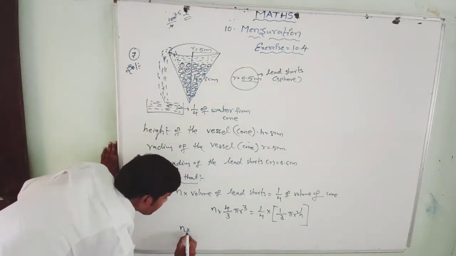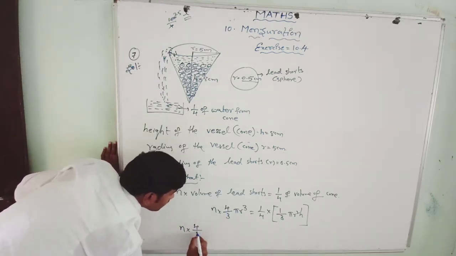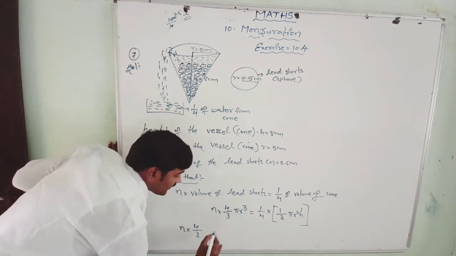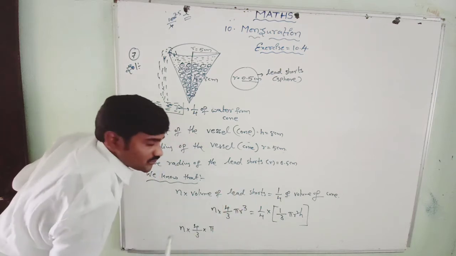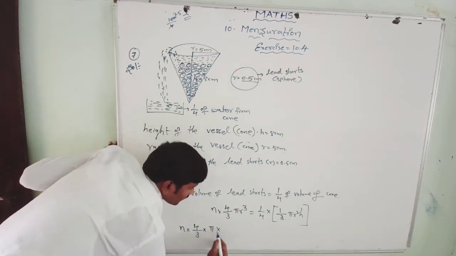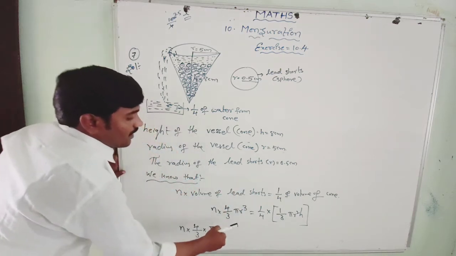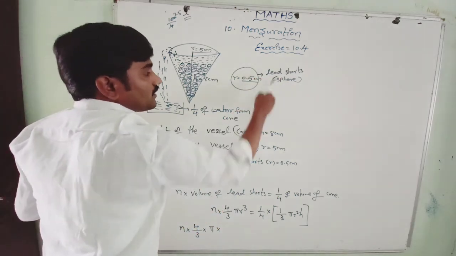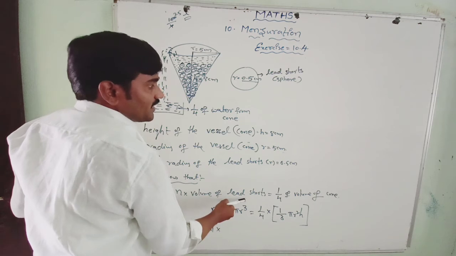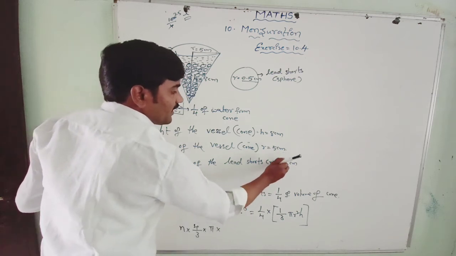n into 4/3. Okay, ఈ పై వాల్యూని అలాగే ఉంచుకుందాం, ఎందుకంటే ఇక్కడ ఒక పై అక్కడ ఒక పై ఉంది, క్యాన్సిల్ చేసేయచ్చు. ఓకే, ఇంటూ r cube. Here r is the radius of the lead shots, which is 0.5.